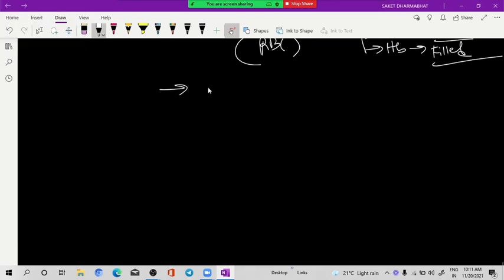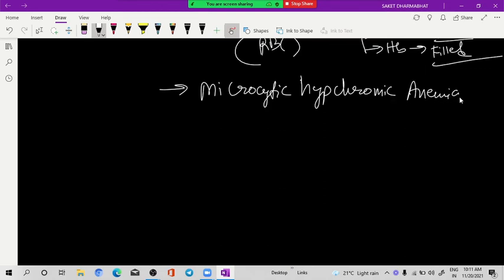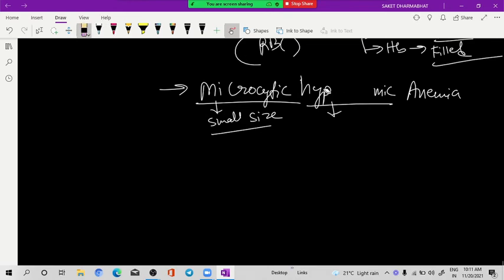Now, another type of anemia is microcytic hypochromic anemia. Micro means what? Small size. Hypochromic means what? Hypo means less.